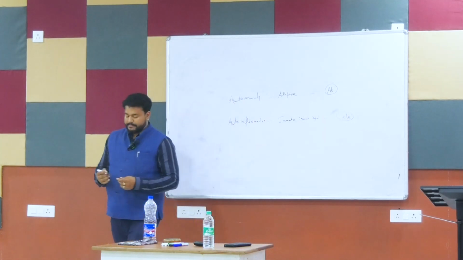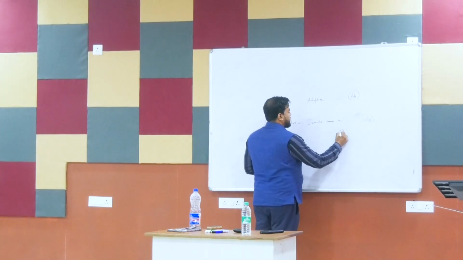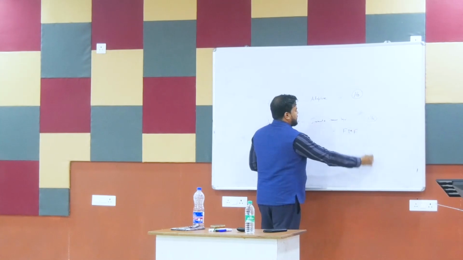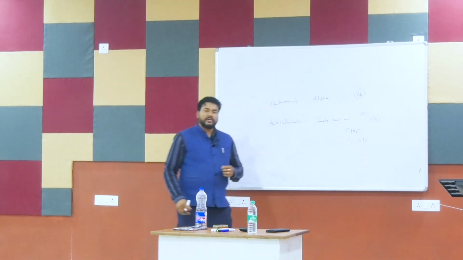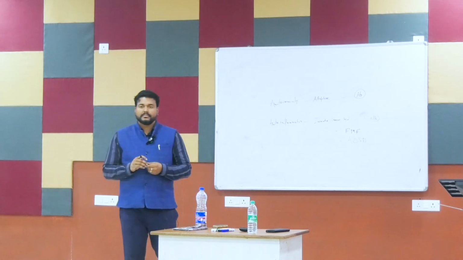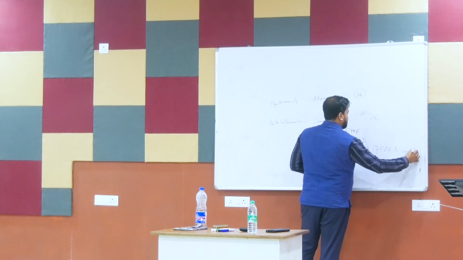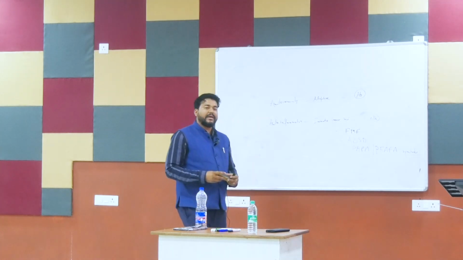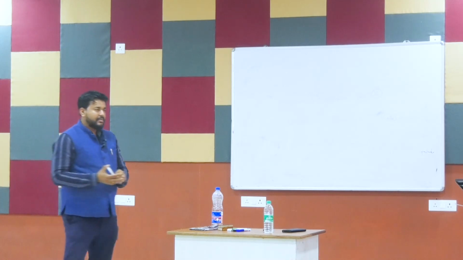Can you name some autoinflammatory diseases? Have you heard the names? Familial Mediterranean fever, adult onset Still's disease, PAPA syndrome. How many bones do you have in your body? 206, everybody knows.